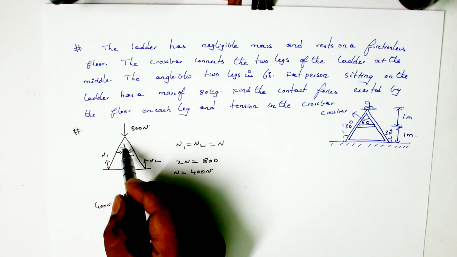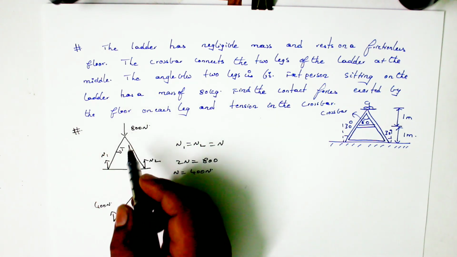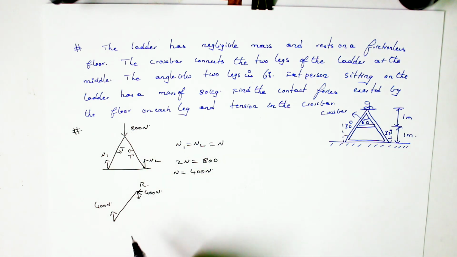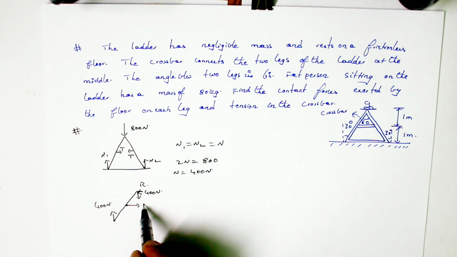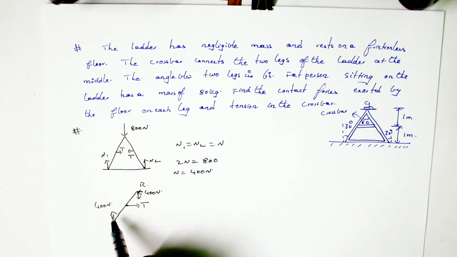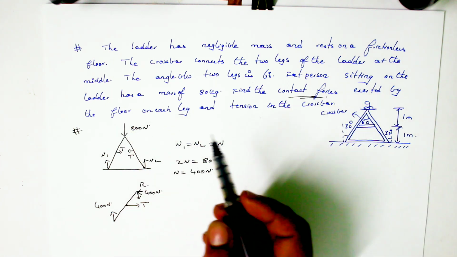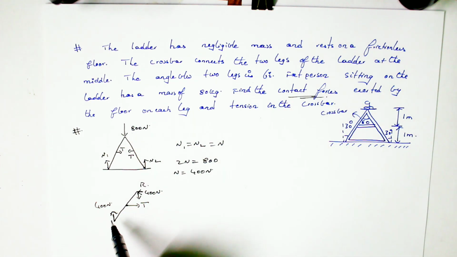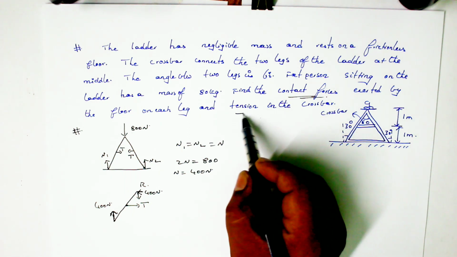So this side of the ladder pushes the other side of the ladder with a force of R, and the other side pushes this side with the same force of R. Also at the center there will be a tension of T. So the contact force exerted by the floor on each leg we have already calculated, that is 400 Newton, and friction is absent here, therefore the only force acting is 400 by the floor on this ladder.